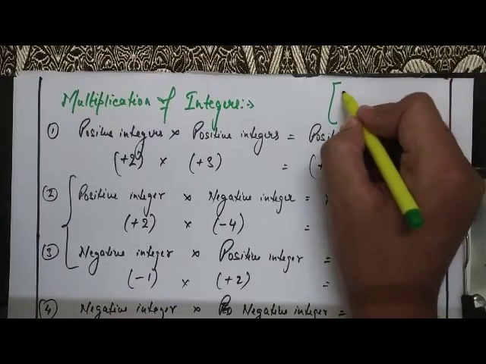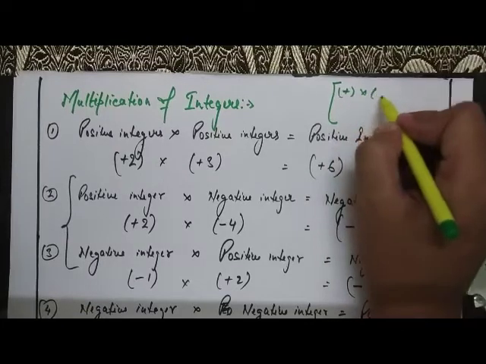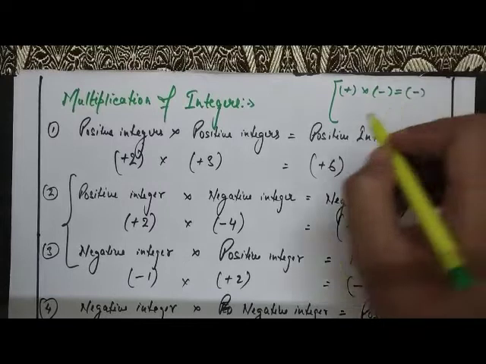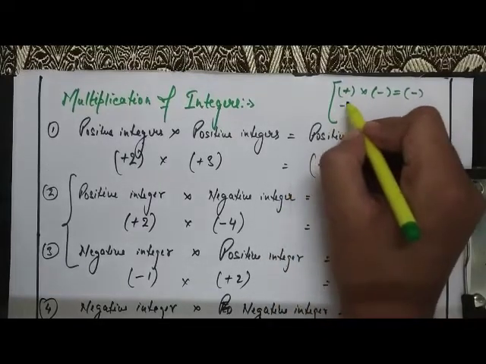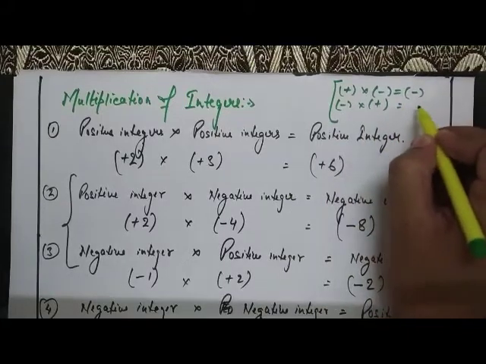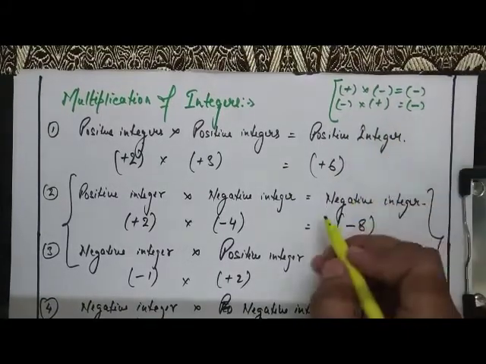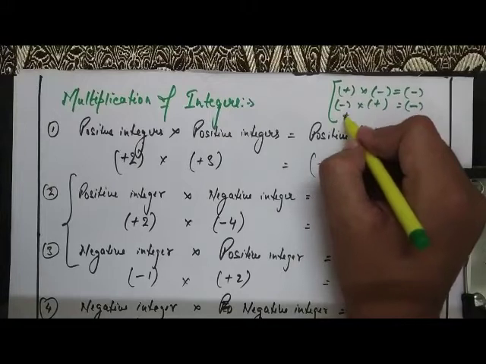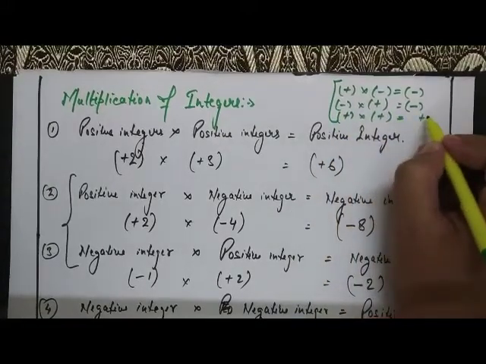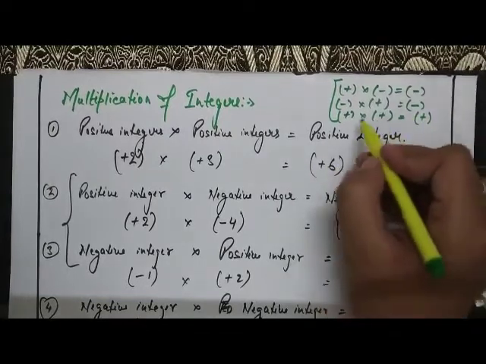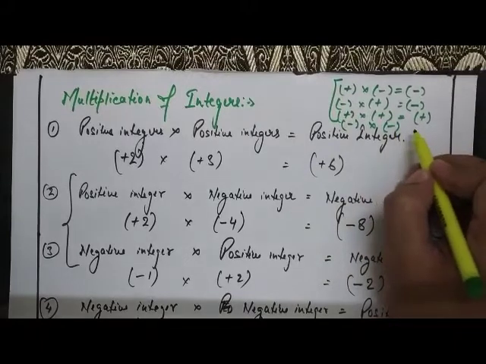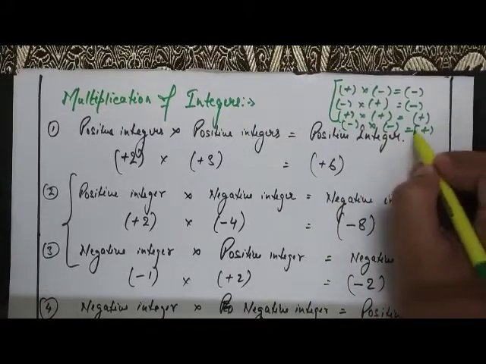When a positive sign is multiplied by a negative sign, the result is always a negative sign. When a negative sign is multiplied by a positive sign, again the answer is a negative sign. What happens when a positive sign is multiplied by another positive? The result is a positive sign. What happens when a negative sign is multiplied by a negative sign? Again, the answer is positive.